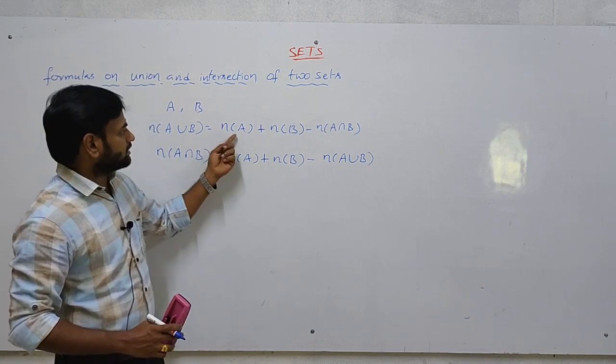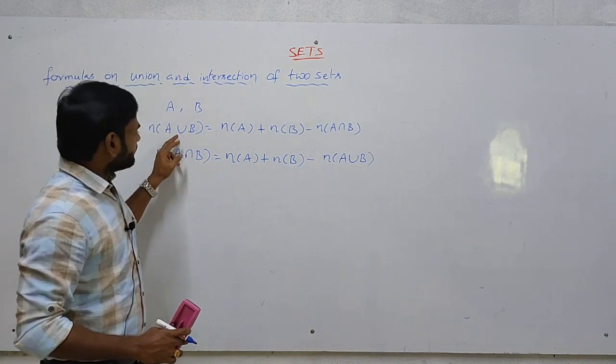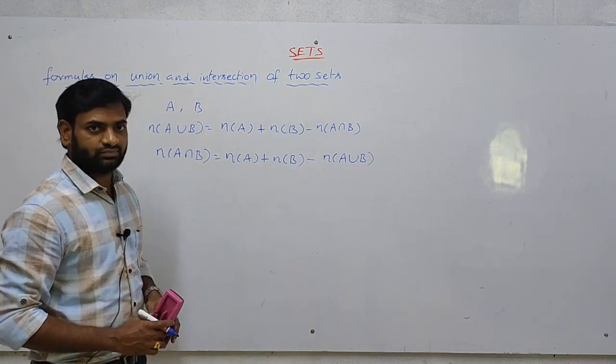Suppose if we are given n of A, n of B, n of A intersection B, then you can find n of A union B.